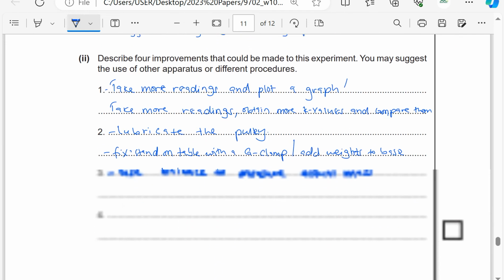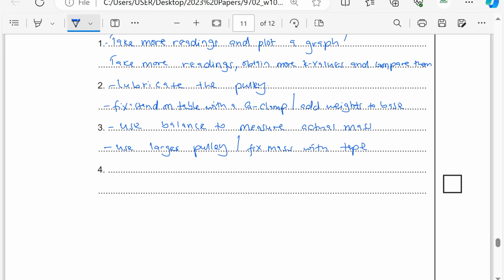That could be solved by simply clamping the ruler close to the masses, or we could use an electromagnet to release the masses.